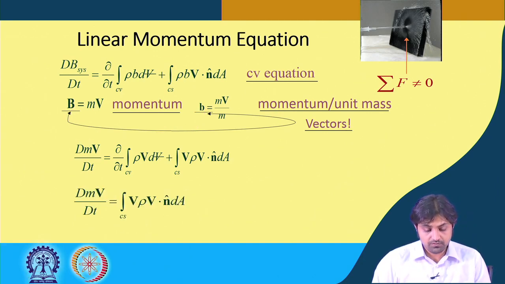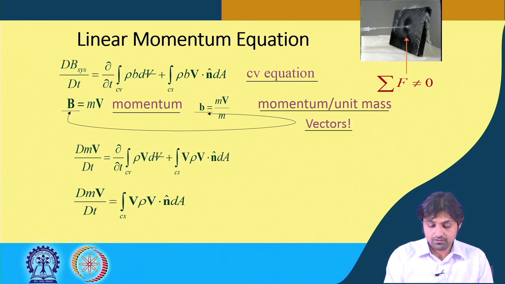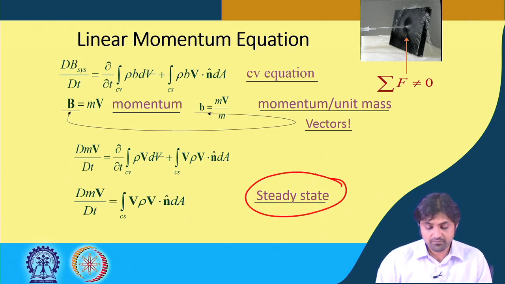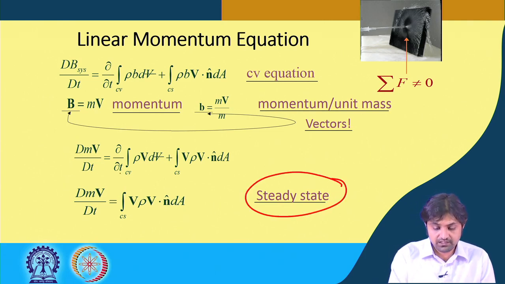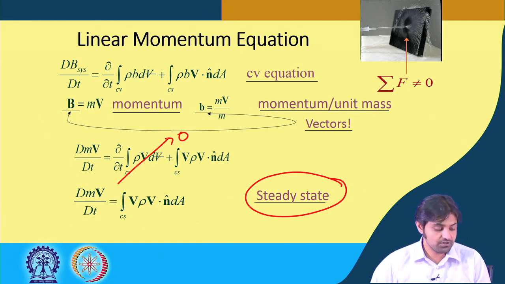This equation is going to be d(mV)/dt equal to the integral of rho V (V dot n) dA. For steady state, the time derivative term will go to 0, because there is no change in property with respect to time.